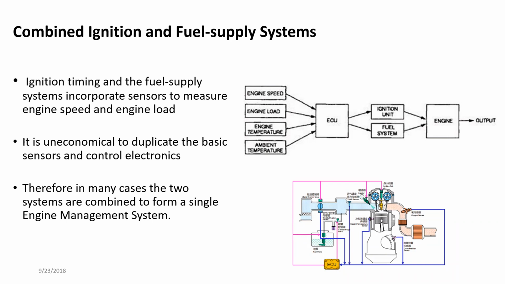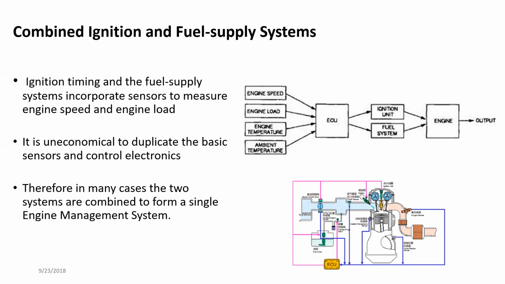One thing you all have to understand is that both of these systems use the same sensor modules. The ignition unit and the fuel control module are both inside the engine control unit, right? The engine control unit is a small computer.